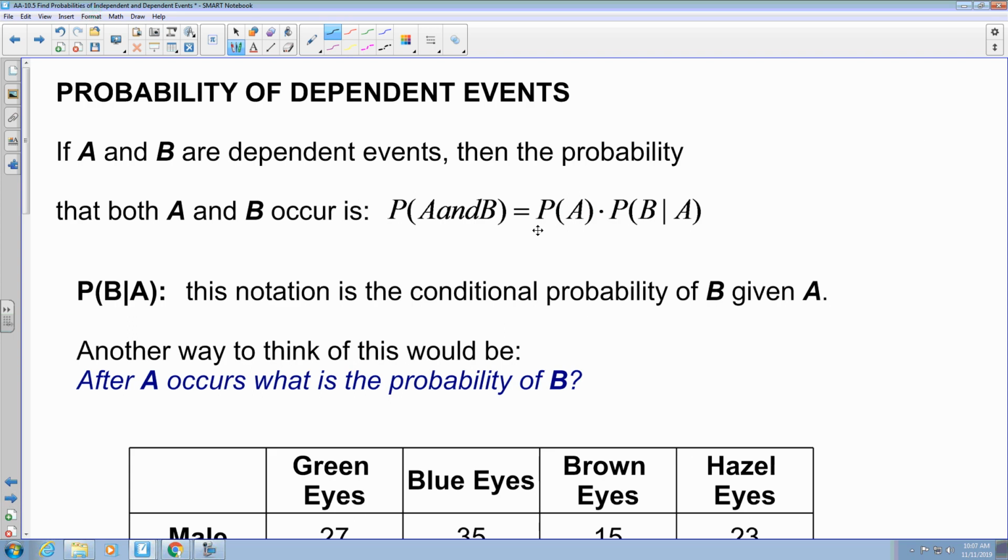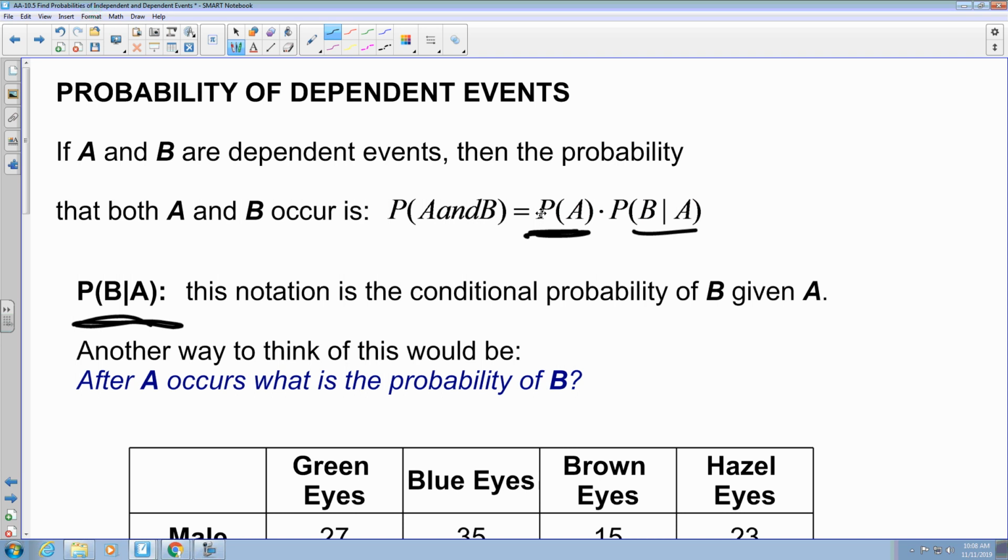All right, so now we're going to look at dependent events. Dependent events mean that the probability that both A and B occur is the probability of A times the probability of B given A. This notation is a conditional statement saying that A was already assumed to be true.